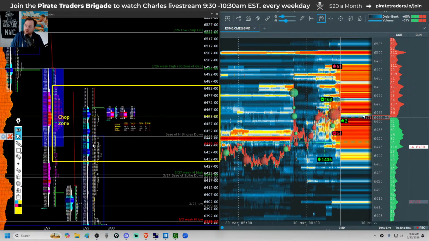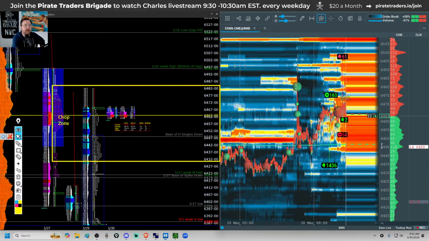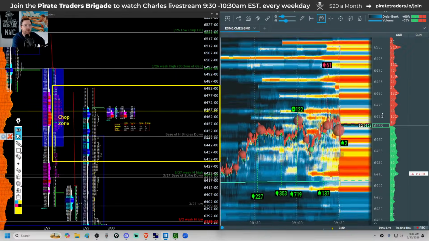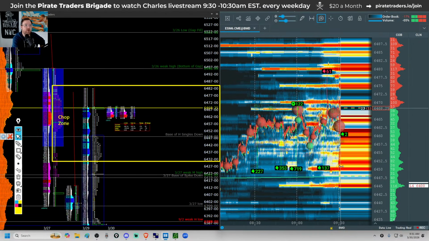Zenveg says, what is your bookmap setting for volume minimum? That's a lot of red. I think I have it cranked all the way up. Yeah, I like to be able to clearly see where the volume is differentiated between other levels. So I have it cranked.